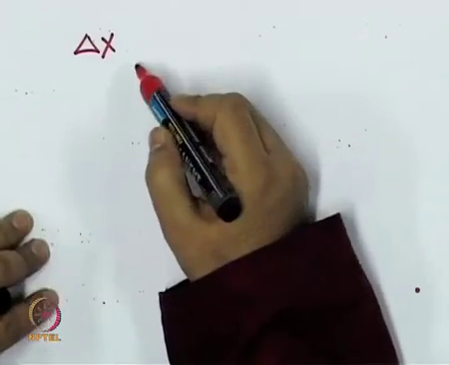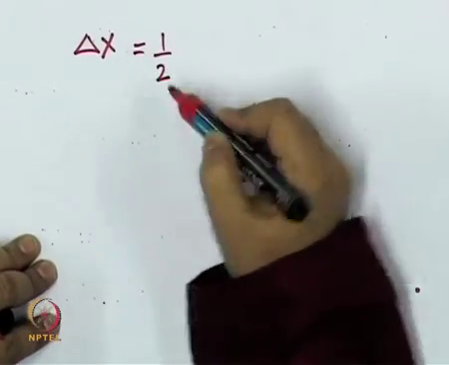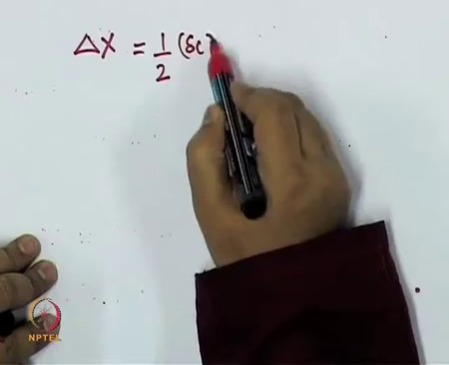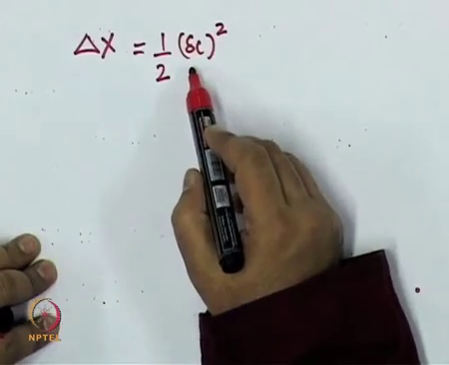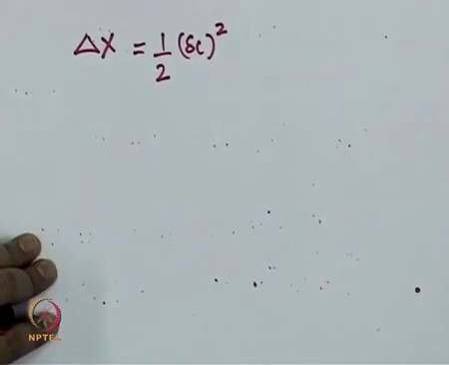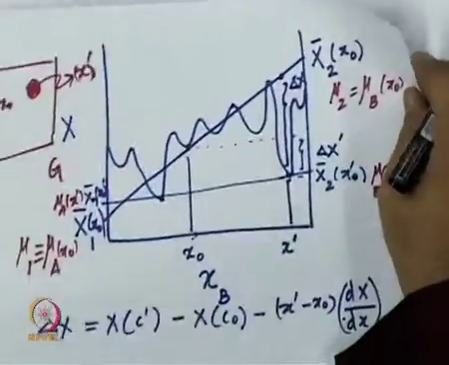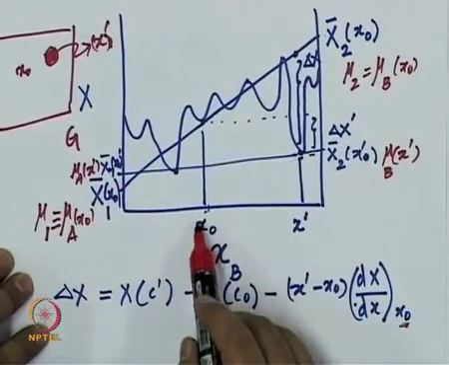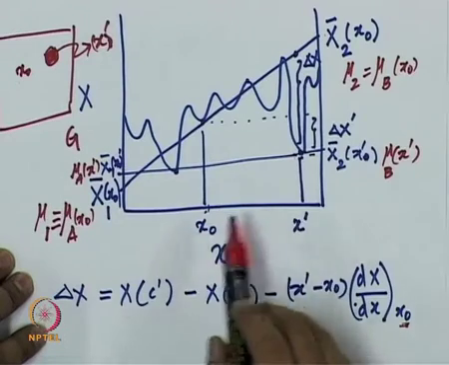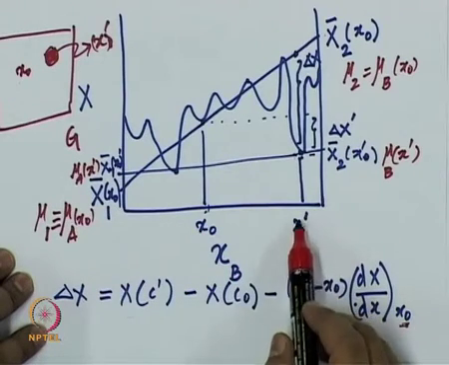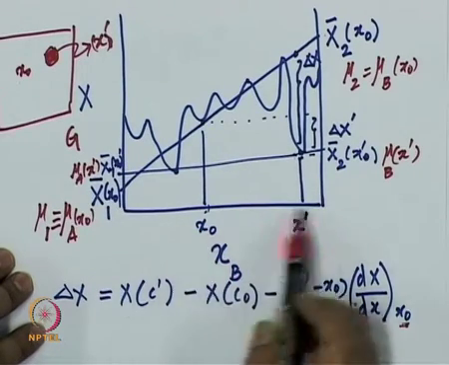That means the following. I have this quantity delta x, which is equal to half del C squared. So it does not matter what the sign of del C is. Let us look at this diagram again. I chose this x naught and I chose x prime to the right of this, which means when you take x prime minus x naught, this will be positive.